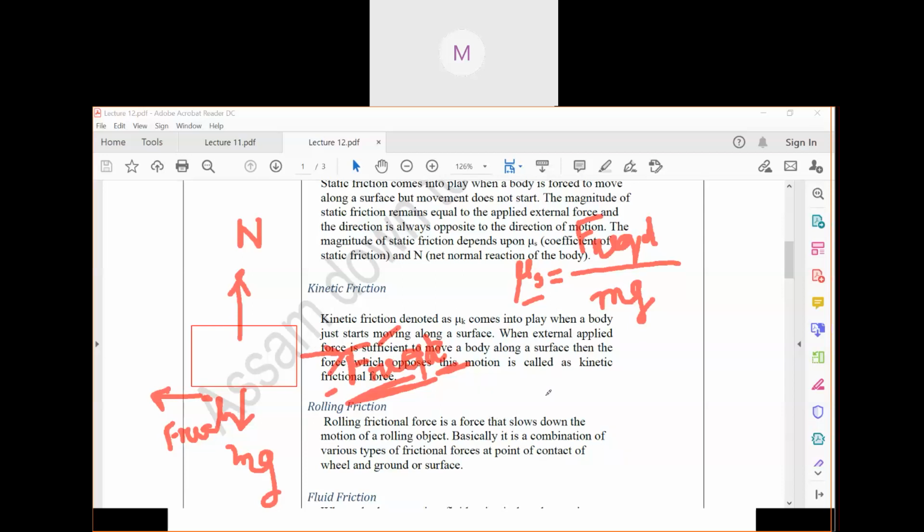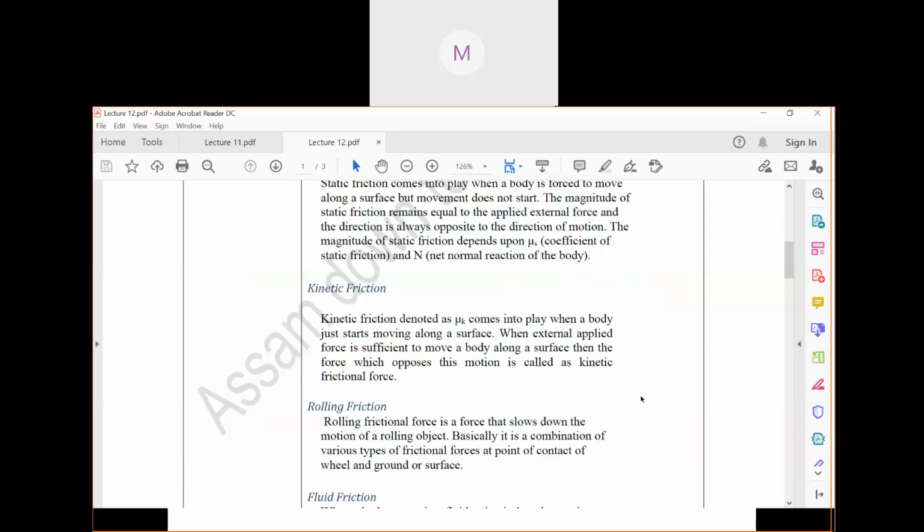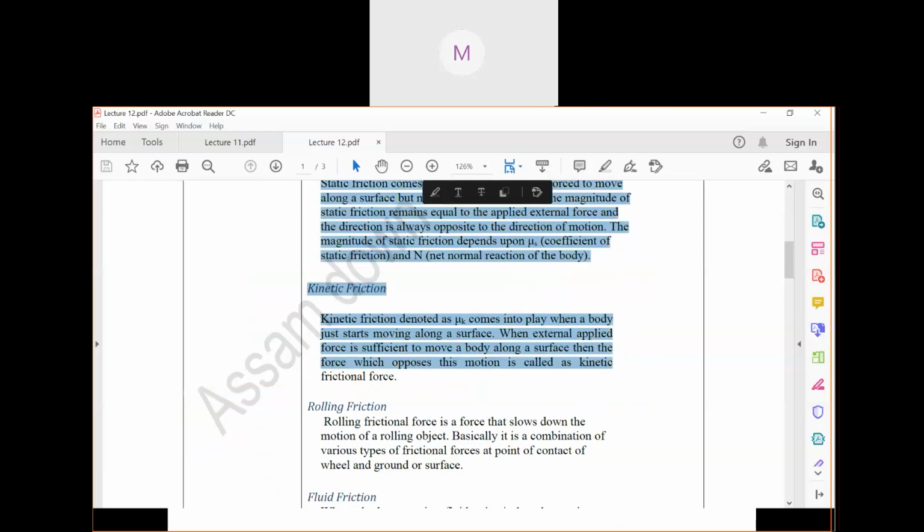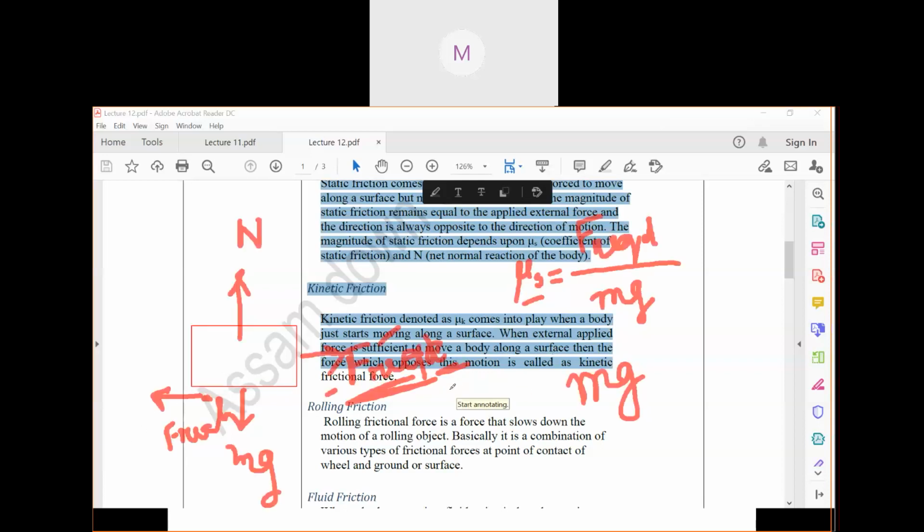You know you are applying some force F equal to ma, or mg.